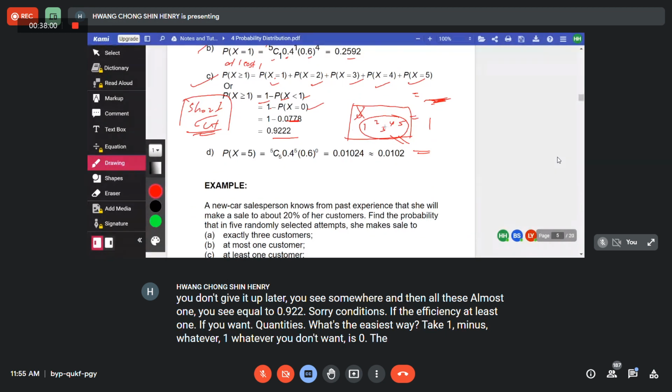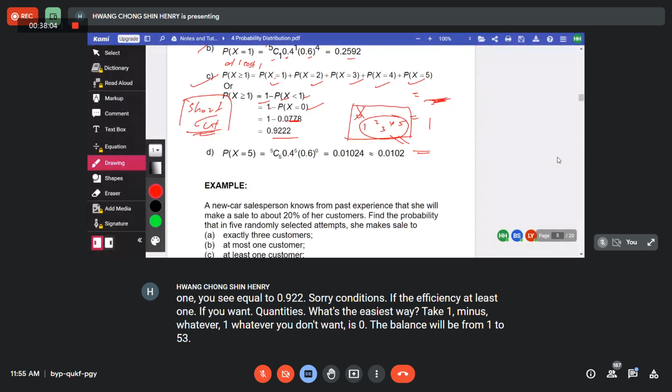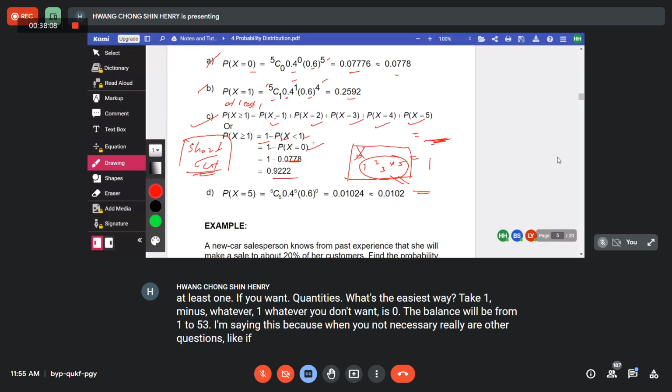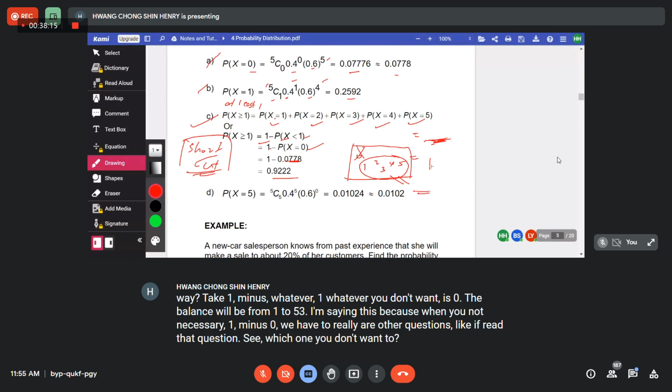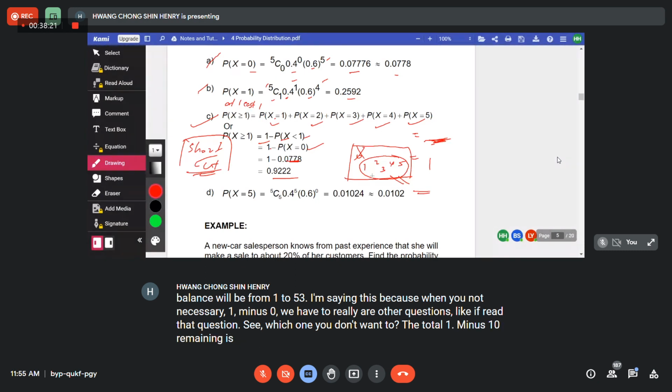The balance will be from 1 to 5 students graduate. I'm saying this because when you do your other questions, it's not necessarily 1 minus the 0. You have to read the question, see which one you don't want, take the total 1 minus that out. The remaining is the probability that you want. Understand?